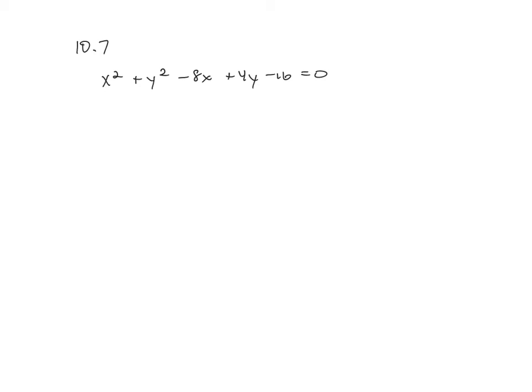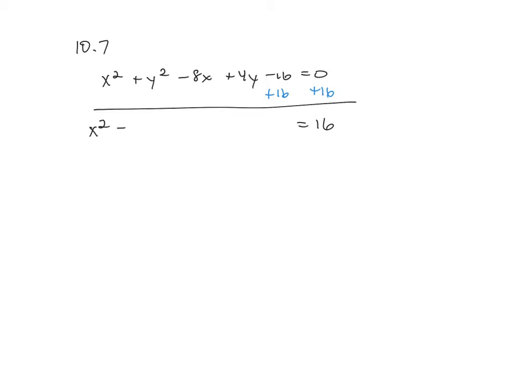So the first thing that I want to do is get rid of this number that's just kind of by itself. So I'm going to have 16 over here. And then I'm going to also just kind of reorder things.